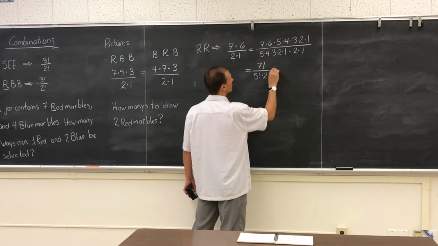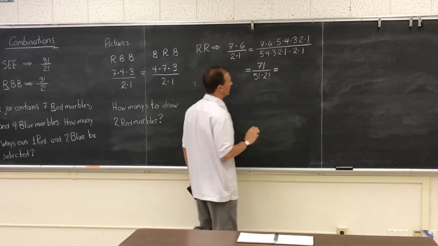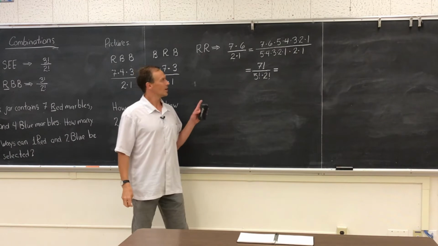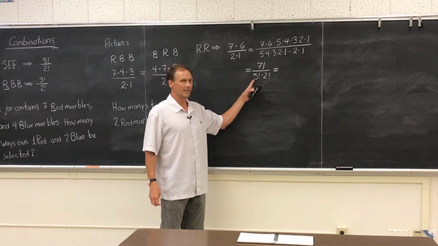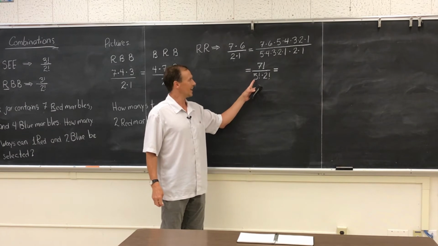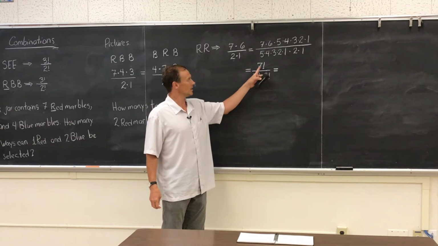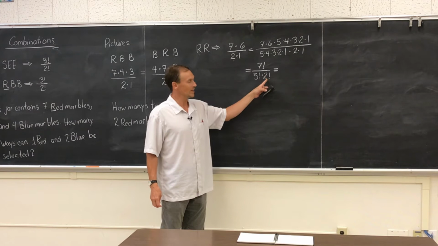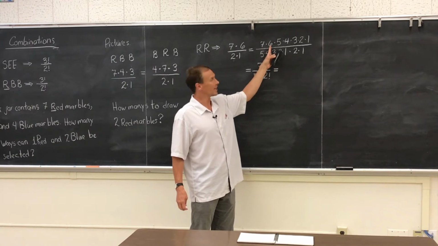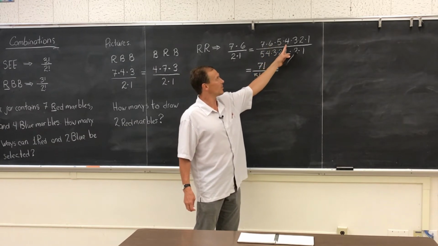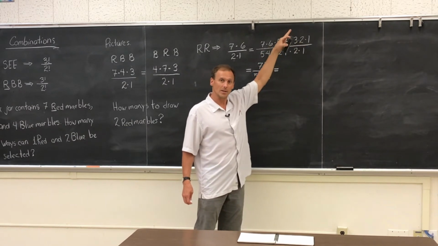Okay, so I'll go this way to save some space. The question is, we have a 5 in the problem, so where did that 5 come from? The answer is we were looking at 7 total, of which we were interested in 2. So we needed to stop our counting after only 2 objects were selected. So the 5, 4, 3, 2, 1 needed to be removed.